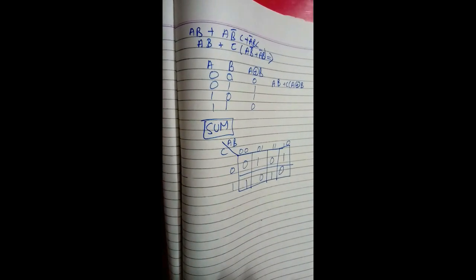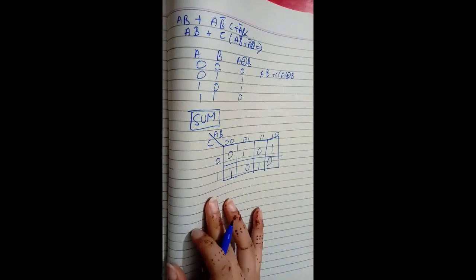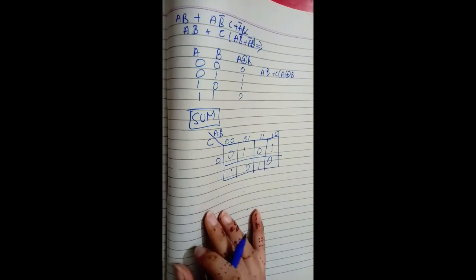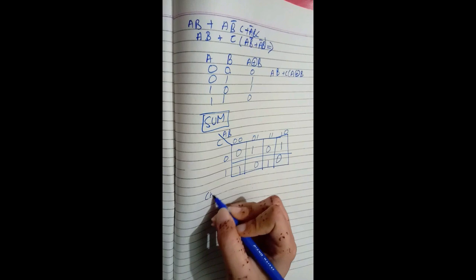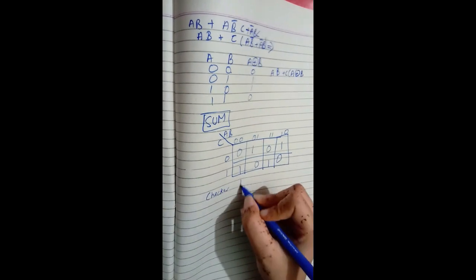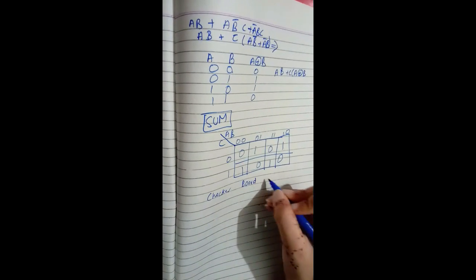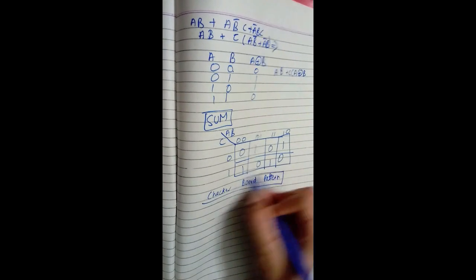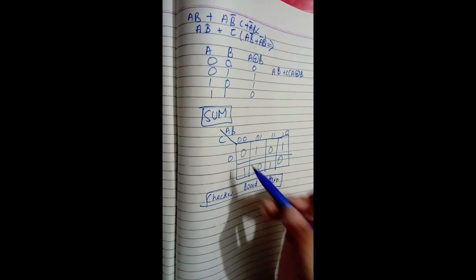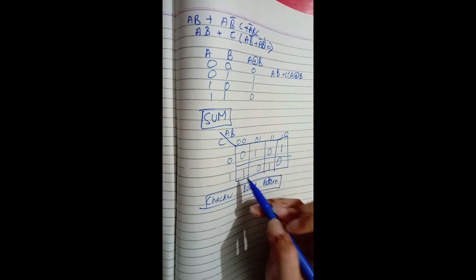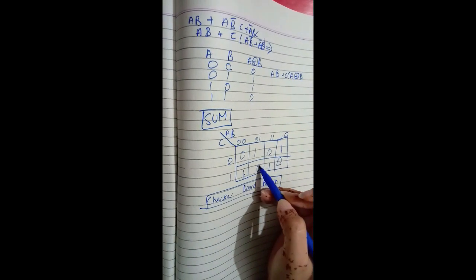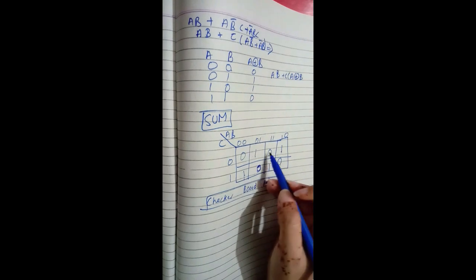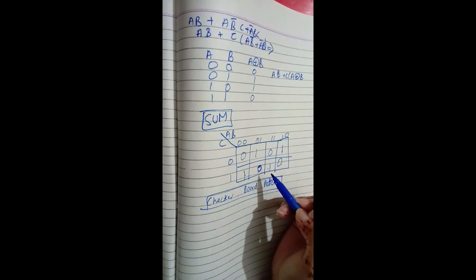So now there is one more important point, which we call the checkerboard pattern. In the checkerboard pattern we have 0 1 0 1 1 0 1 0. Whenever we have this in our K map, we will have the checkerboard pattern.